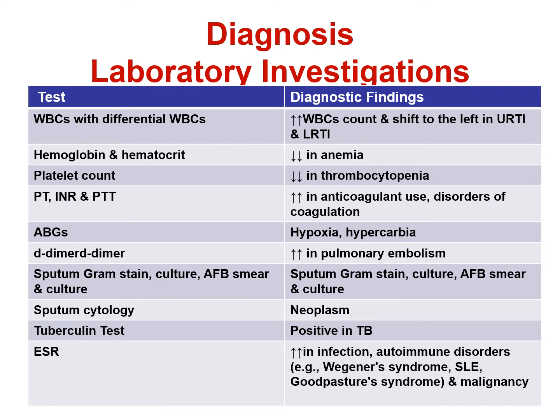We can do some specific tests for tuberculosis if suspected, like tuberculin test, Ziehl-Neelsen staining, and Löwenstein-Jensen media. ESR, we know that it is increased in multiple diseases, but ESR more than 100 is specific for: number 1, TB, number 2, malignancy, number 3, collagen disease like systemic lupus erythematosus.